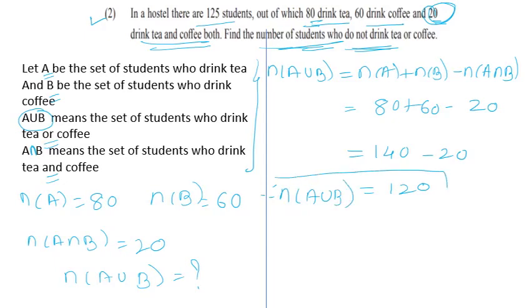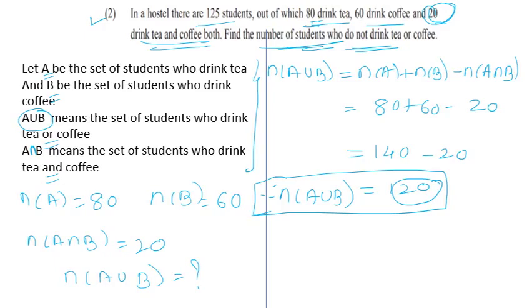Okay. What is the meaning of this? That means how many students are there who drink tea or coffee? 120. There are total 120 students who drink at least one drink. But we have to find the number of students who do not drink any drink, tea or coffee.